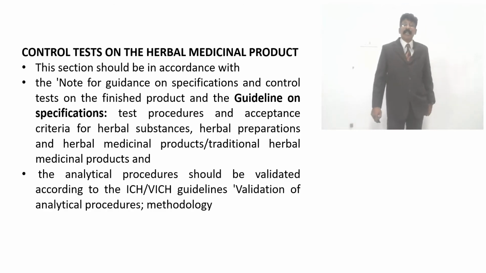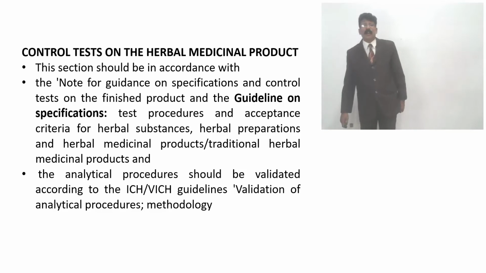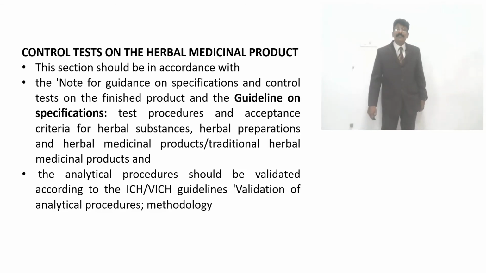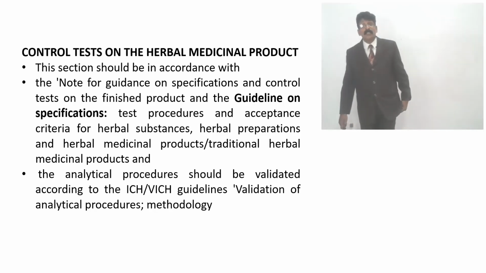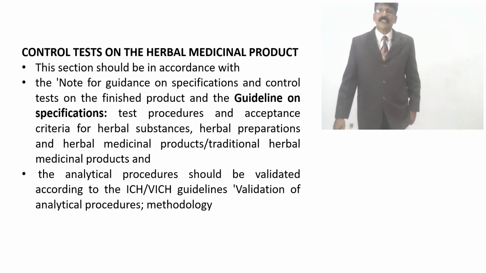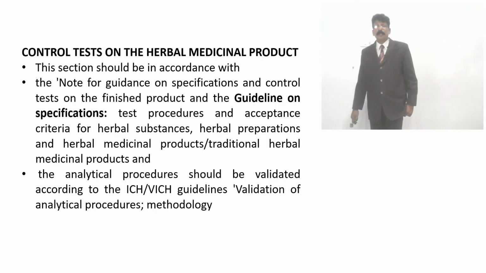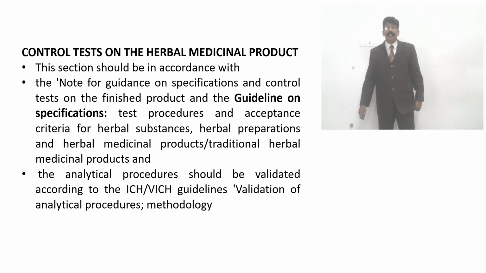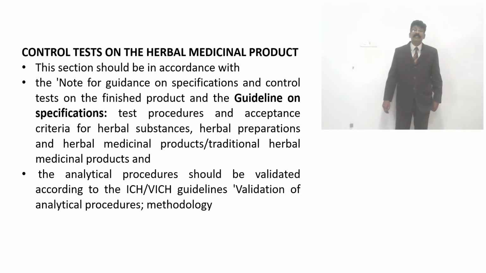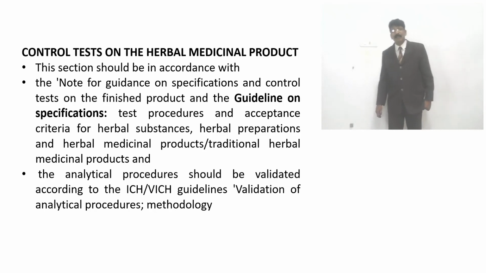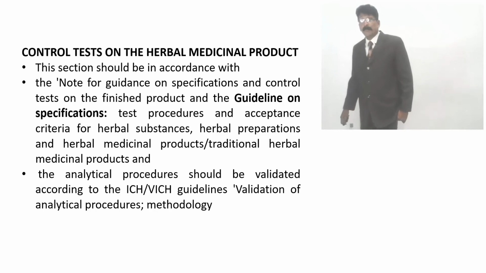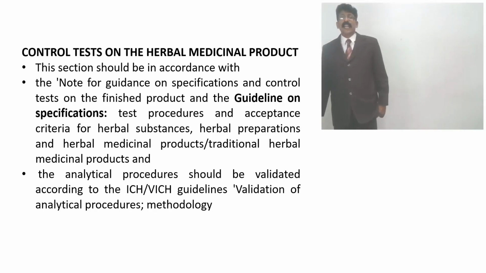The analytical procedure should be validated according to ICH and VICH, the International Council for Harmonisation of Pharmaceutical Products for Human Use and the Veterinary International Council for Harmonisation of Pharmaceutical Preparations. So validation of analytical procedure methods has to be specified.